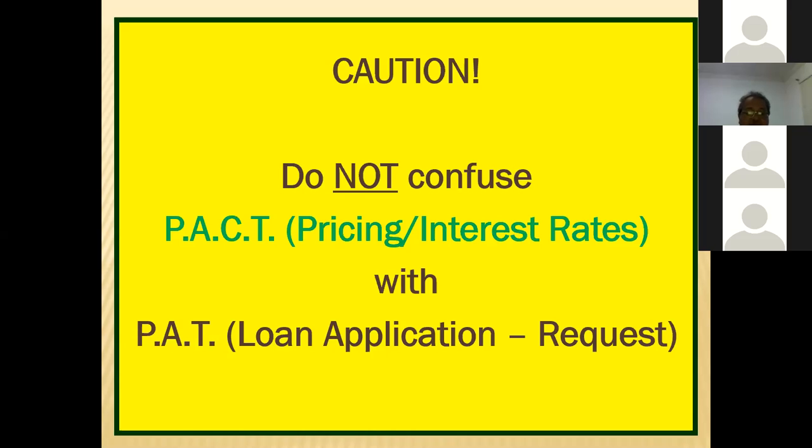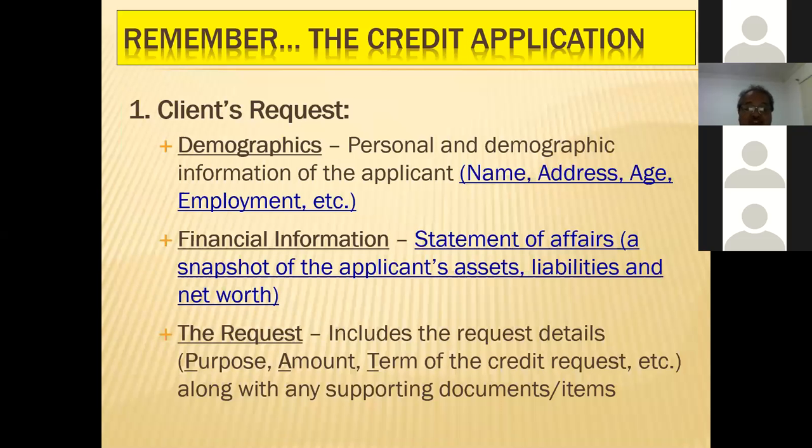is the loan included in the loan application. Remember when we look at the credit application, we look at the client's request, and we said there were 3 components: the demographics, the financial information, and the request itself. And so we said in the request there was purpose, amount, and term.